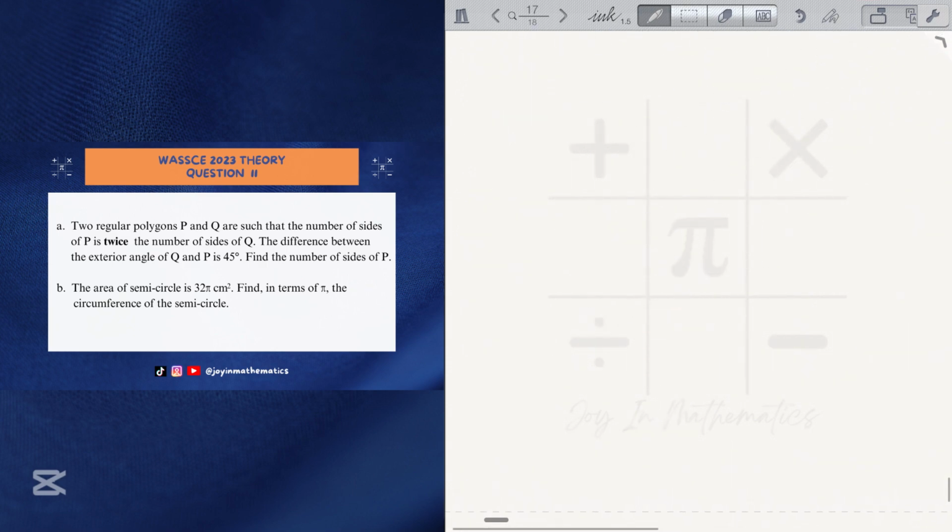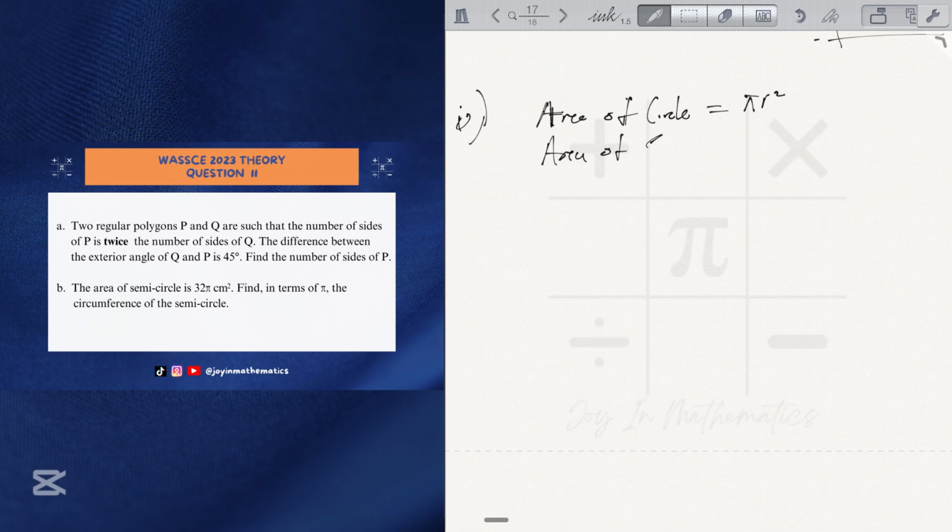In the second question, we're given that the area of a semicircle is equals to 32 pi centimeter squared. We should find in terms of pi the circumference of a semicircle. Now let's begin. The area of a circle is given by what formula? Area of circle is equals to pi r squared. Now if we know that semicircle is half of a circle, so the area of semicircle will be equals to 1/2 pi r squared.